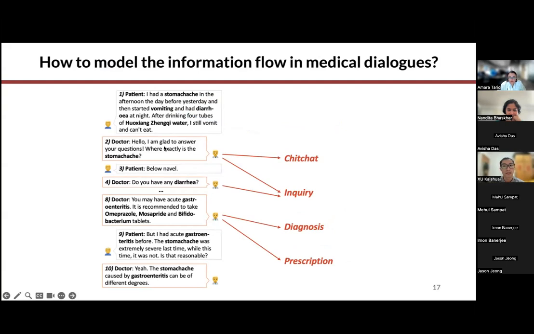For example, in the first utterance, the doctor says, "Hello, I'm glad to answer your questions. And where exactly is the stomachache?" Here, the doctor performed two actions. One is chit chat: "Hello, I'm glad to answer you." And the other is inquiry. The doctor will inquire about the symptoms to gather information.